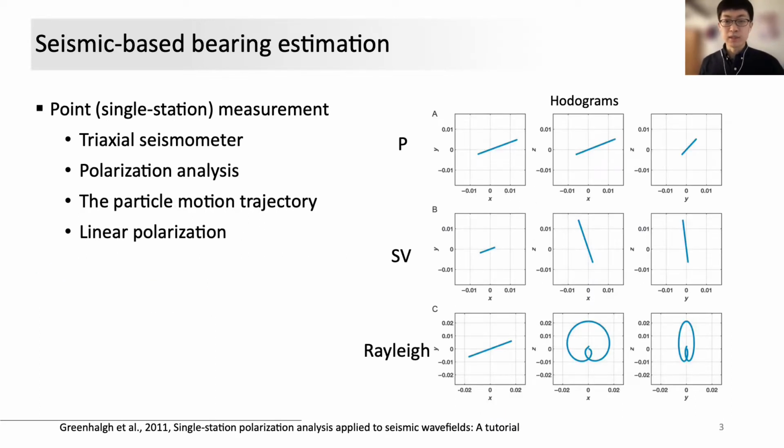Besides array measurement, polarization analysis of a single triaxial seismometer can also be used to estimate the direction of arrival. Based on hodograms, that is, the particle motion trajectory, one can derive the propagation direction from those linearly polarized events. It basically relies on single-mode variations.